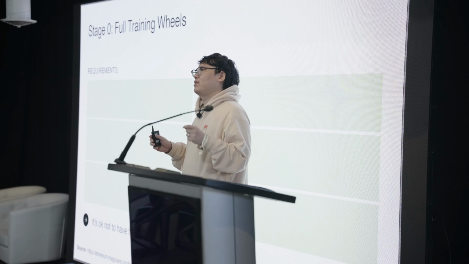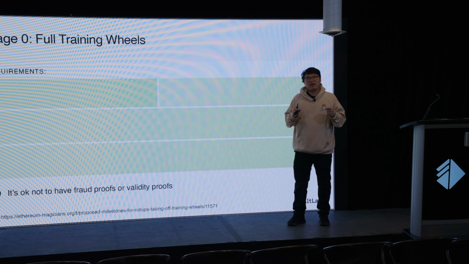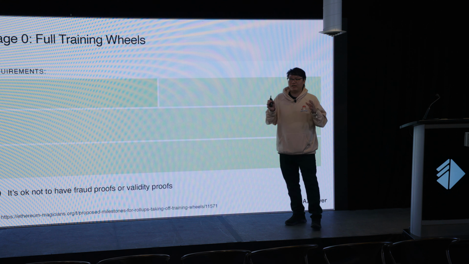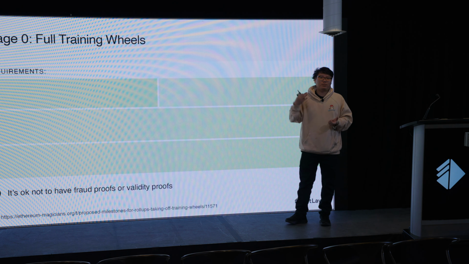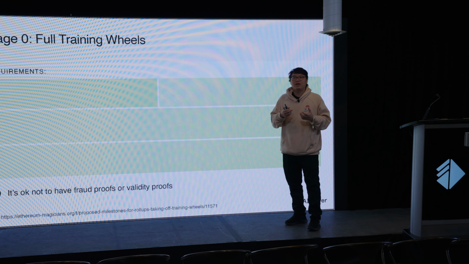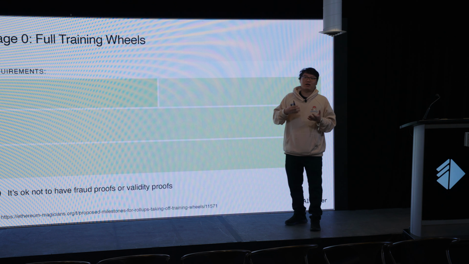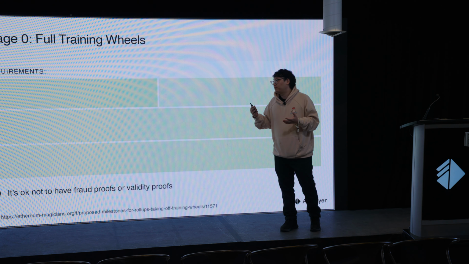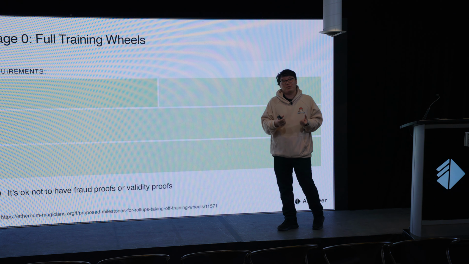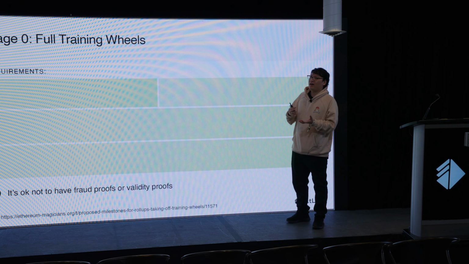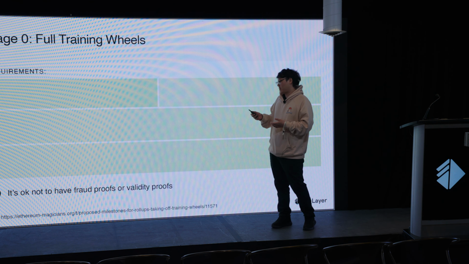The example is the early days of OP Mainnet. In the early days, it didn't have fraud proof. It only had a single sequencer that processed the transactions, and regularly packed the transaction bodies and sent them to the L1, and also regularly sent the state root hash to the L1. But we still call it a rollup, even though it's a single sequencer and there's no fraud proof. We can't say that if something goes wrong, we can just halt the sequencer and redo the transactions.